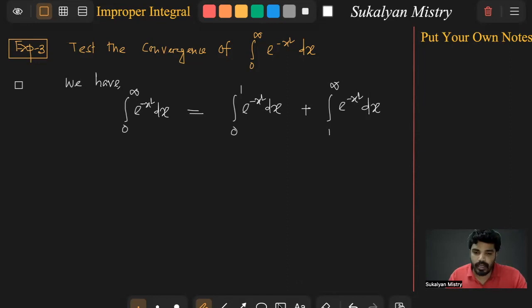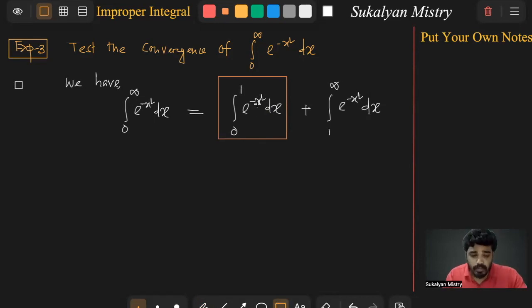Okay, ঠিক দেখো এটা হচ্ছে প্রপার ইন্টিগ্রাল, 0 to 1. This function is bounded in this integration, and the range of integration is finite. So this is a proper integral. So every proper integral must be convergent. Okay, so this integral is convergent. So we have to check only this integral.